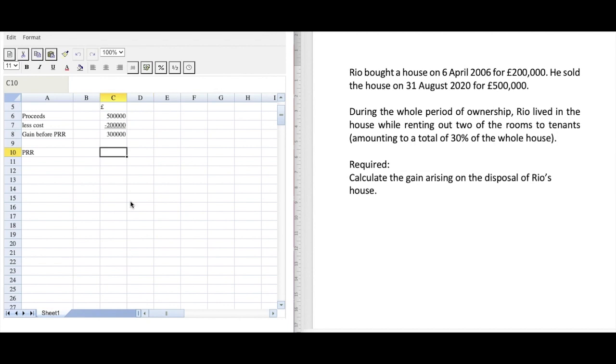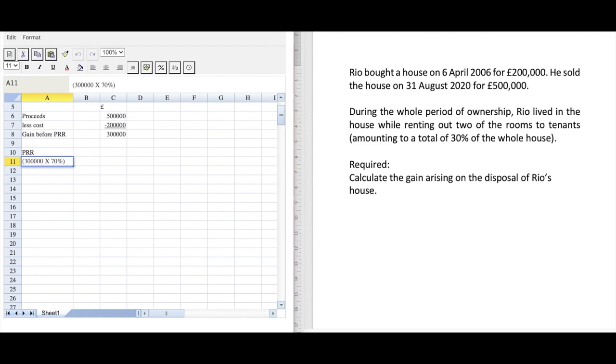So instead what we're going to do is take the 300,000 gain and multiply that by the proportion of the property that is actually used by the owner.